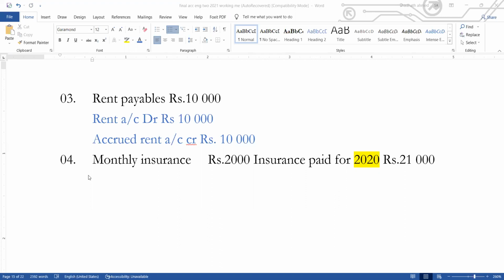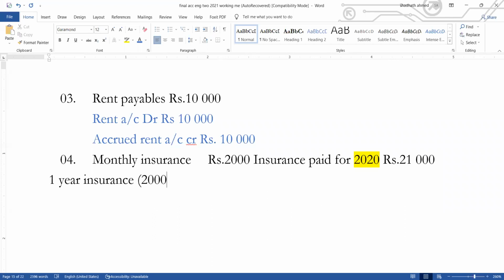So monthly insurance 2,000 means first we have to calculate how much is the 1 year insurance. Don't be in a hurry. Monthly insurance 2,000 means first we have to find our yearly insurance.